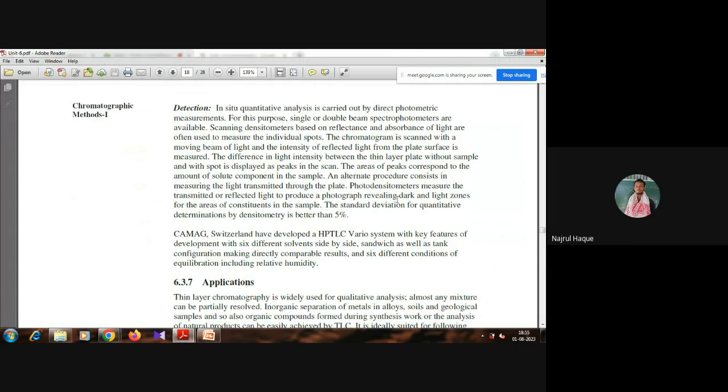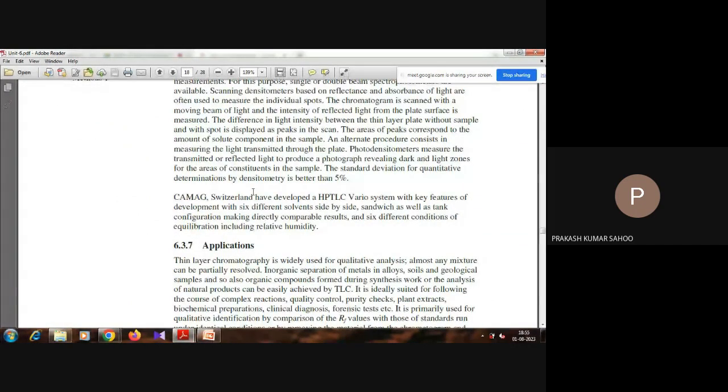Then HPTLC was developed by one company, that is CAMAG of Switzerland. They developed the HPTLC Vario system with key features of development with 6 different solvents side by side.